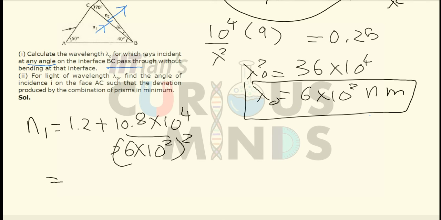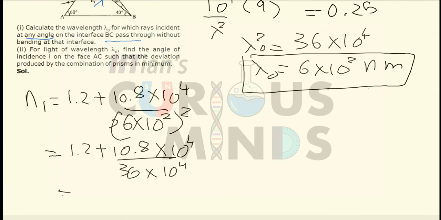So when I square this term, it will be equal to 10.8 into 10 raised to 4 divided by 36 into 10 raised to 4. When I calculate the value, 10.8 divided by 36 will be equal to 0.3. So the refractive index of the first will be equal to 1.2 plus 0.3 will be equal to 1.5. So the refractive index of the first prism will be equal to 1.5.